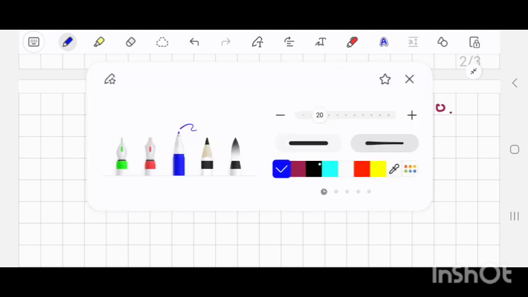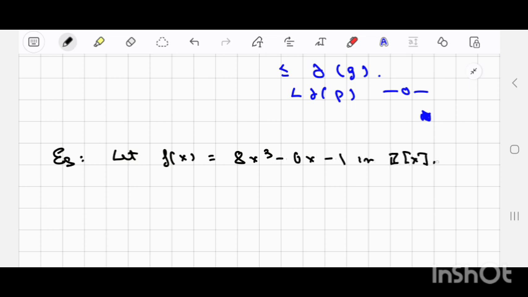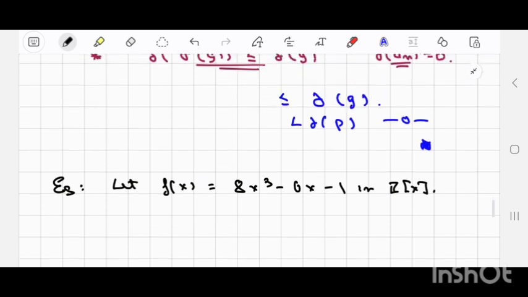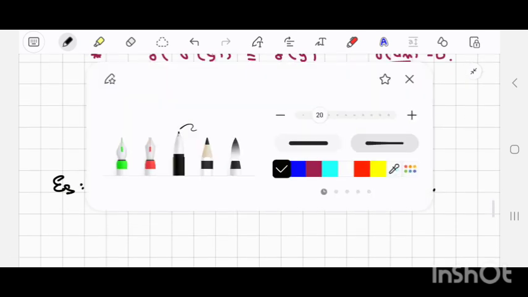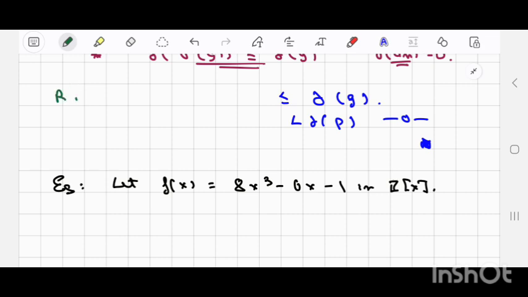Let us talk about an immediate example. Let f of x be 8x cubed minus 6x minus 1 in Z[x]. Let me add one more remark. This is a slightly more important remark: suppose R is given to be an integral domain.